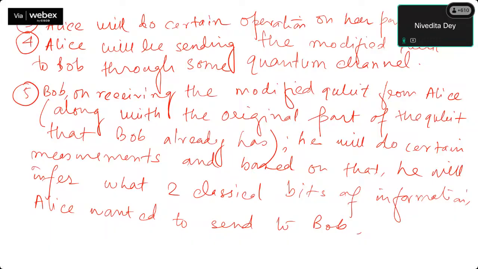So Bob initially has one of the qubits of the entangled pair. Right now, Bob has received some input from Alice in terms of a modified quantum state. Once Bob has both pieces of information, he will do some measurement, and based on the measurement outcome, he will try to infer the two original bits of classical information that Alice wanted to send to Bob, right?